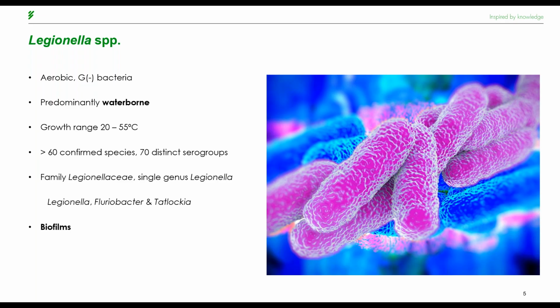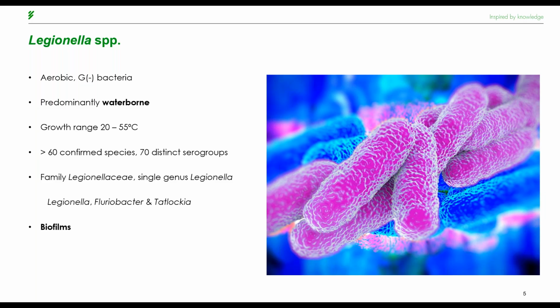In both environments, it survives as an intracellular parasite of free-living protozoa. It can multiply between 20 and 55 degrees Celsius with an optimal growth temperature of 35 degrees Celsius. Temperature is a very relevant factor to take into account for its prevalence in the air conditioning system.